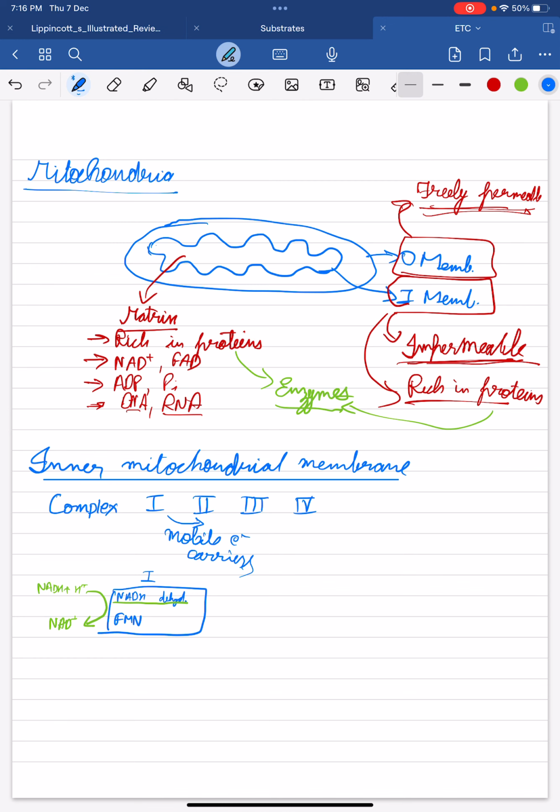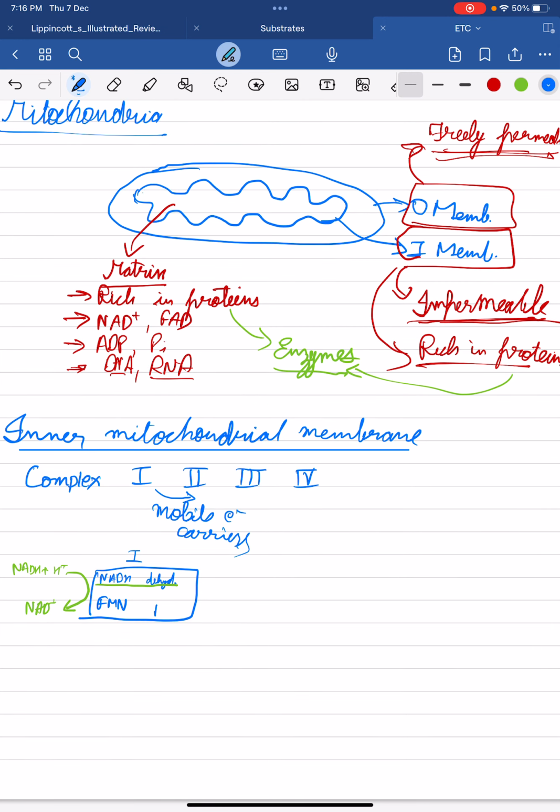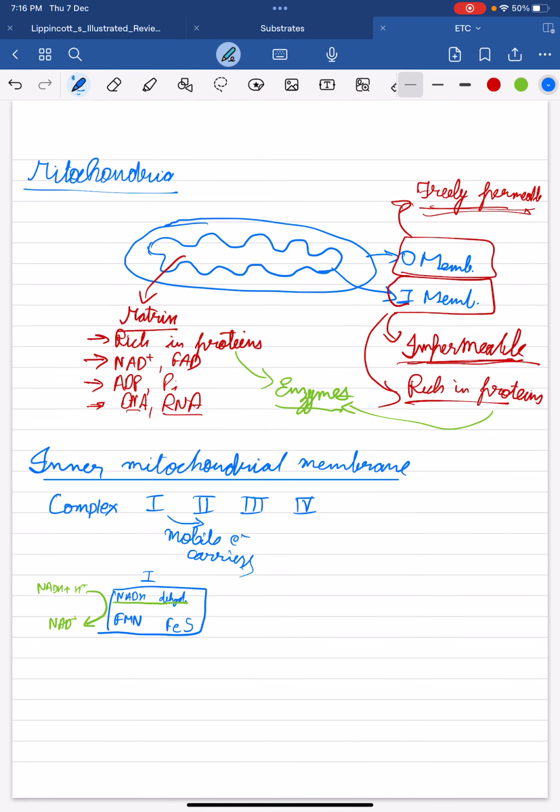FMN would be converted to FMNH2, and it will further give its hydrogen ions and electrons to the iron sulfur complex.